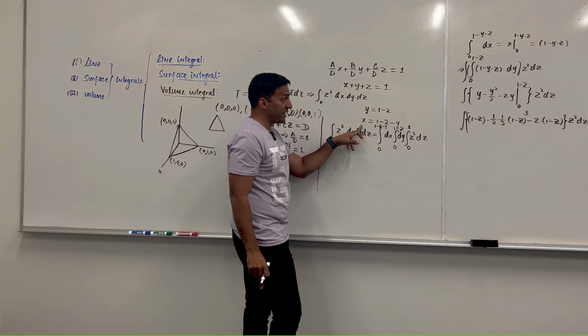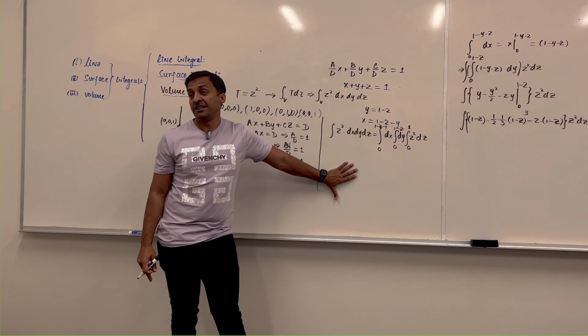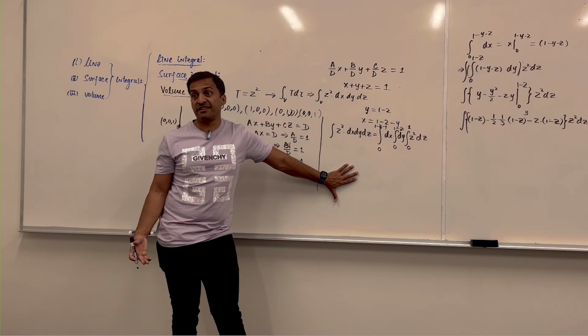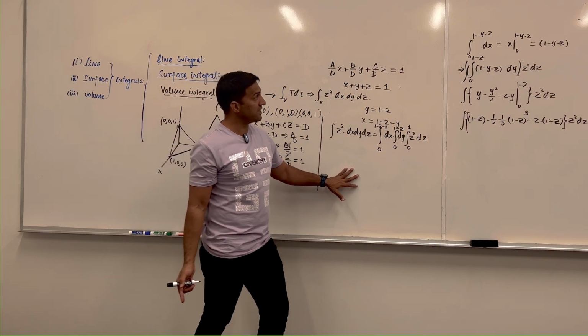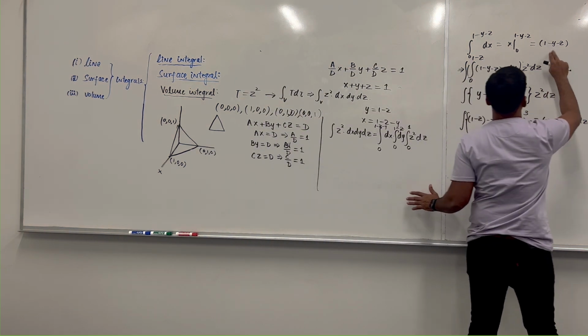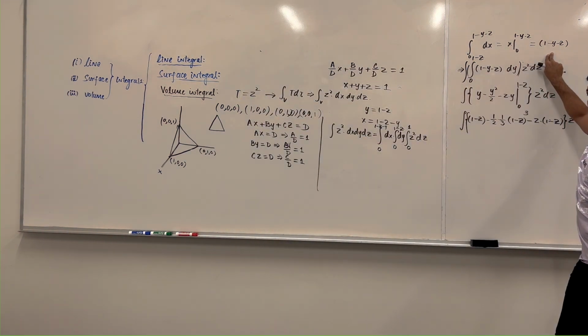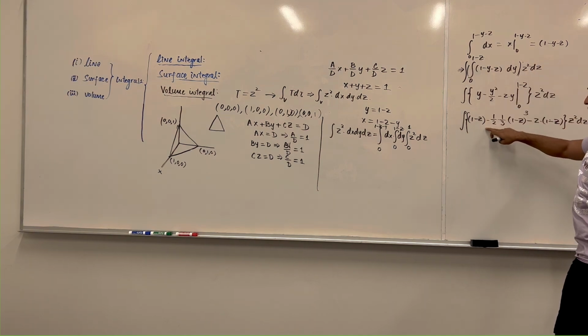Since your x depends on z and y, it gives you the hint that you do the x integral first. Once you do the x integral, you find your answer in terms of y and z. Then you do the y integral and you find everything in terms of z, and then you do the z integral.